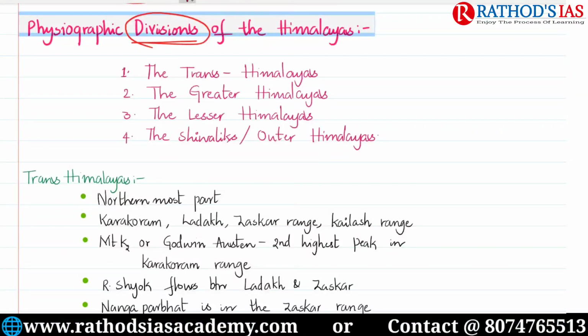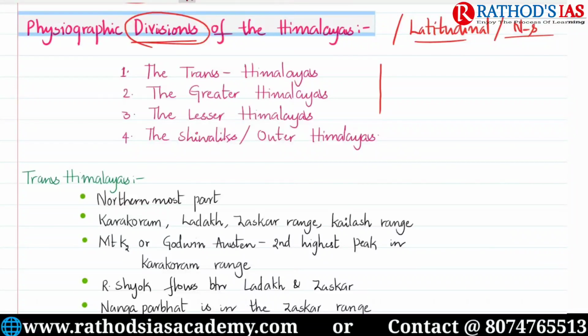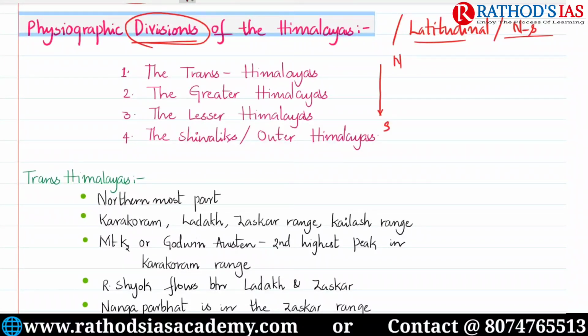This type of division of Himalayas is also called latitudinal division or north to south divisions of Himalayas. So the Himalayan range can be divided into 4 parts from north to south.